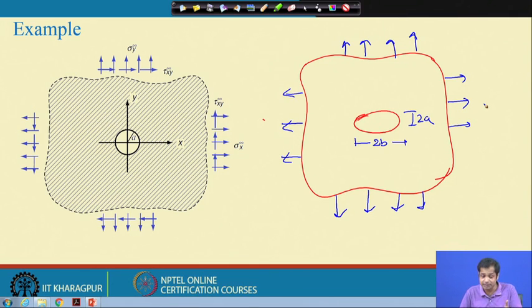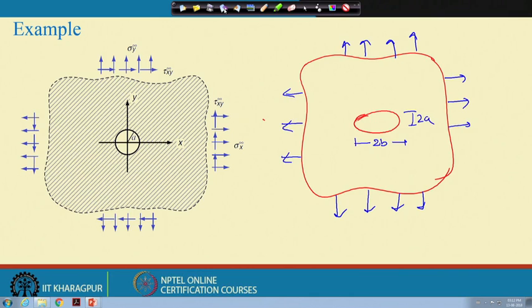This problem just provokes you to think about some important concepts that will open a door to a new branch of mechanics, which we'll discuss in the next class. With this, I stop today.